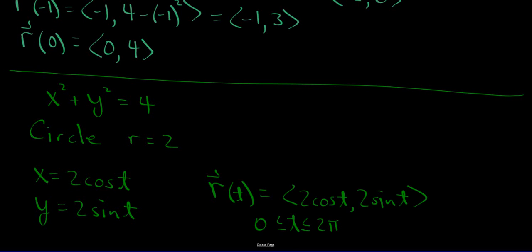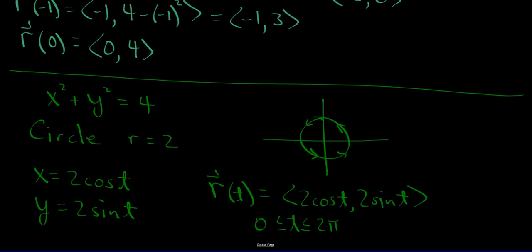And that's going to give us the same curve as this circle here. And that will generate a curve that goes in the counterclockwise direction. So if I were to sketch this circle, of course it would look like that, and the arrows would go this way.